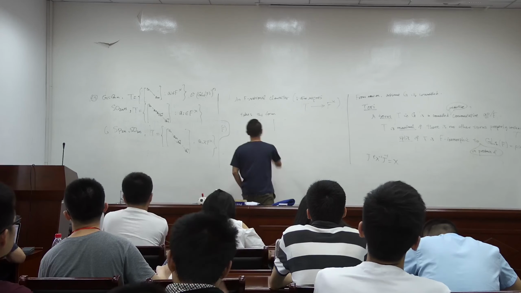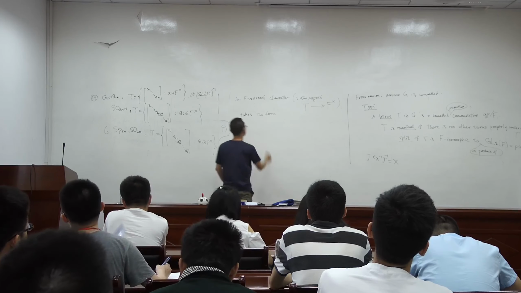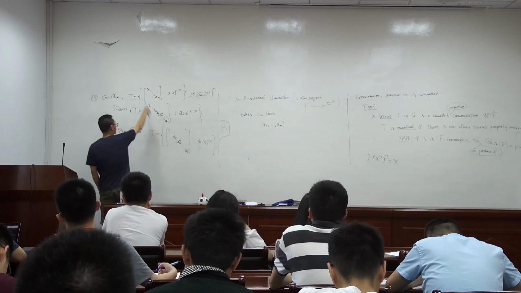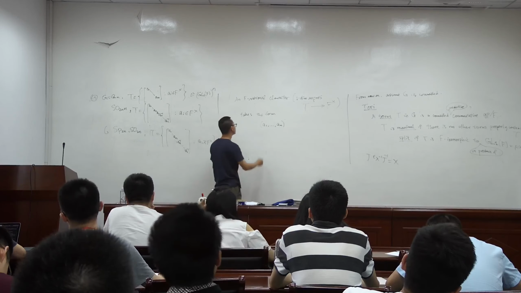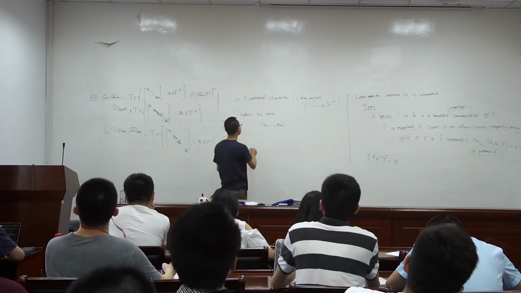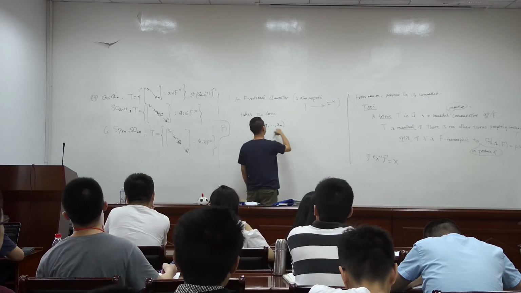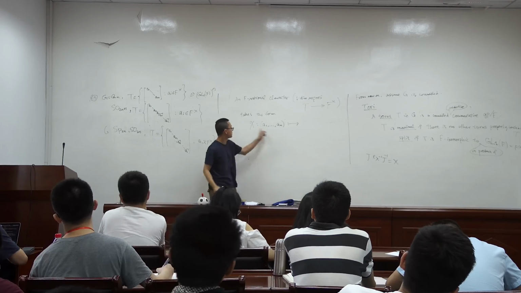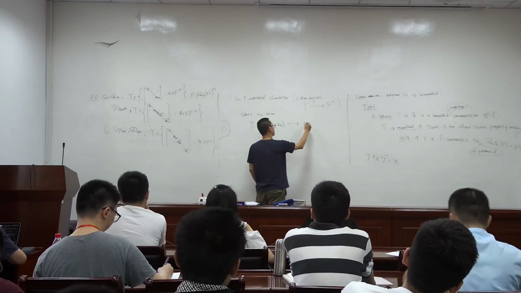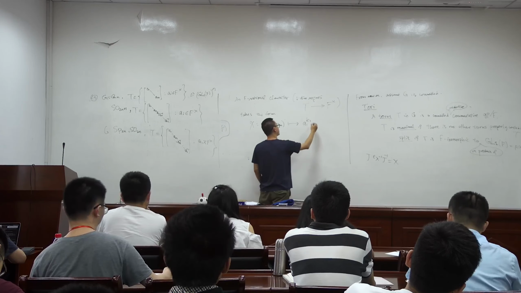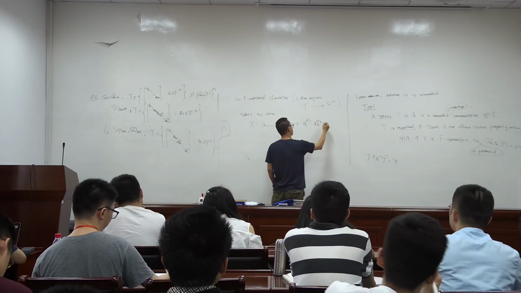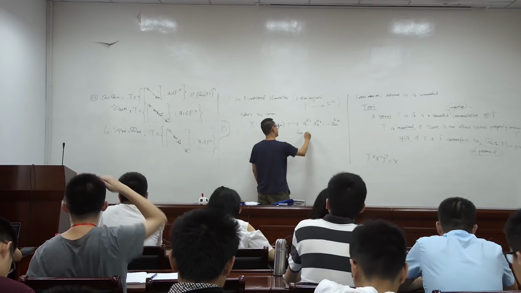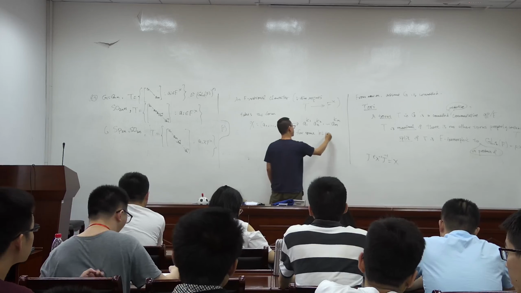If I use this n-tuple to represent an element like this, a character takes a diagonal element to a product of powers of each entry: a1 to some power k1, times a2 to k2, up to an to kn, for some integers ki.